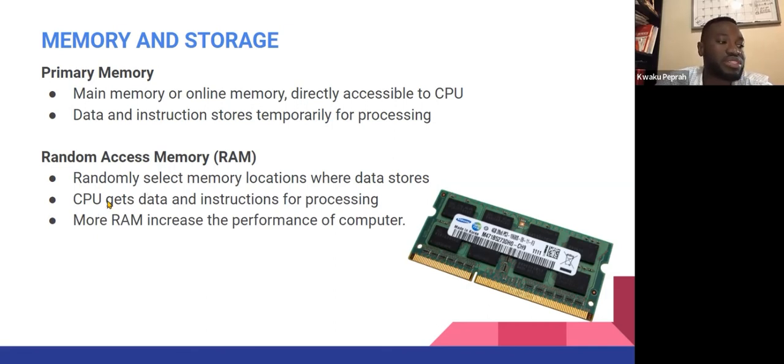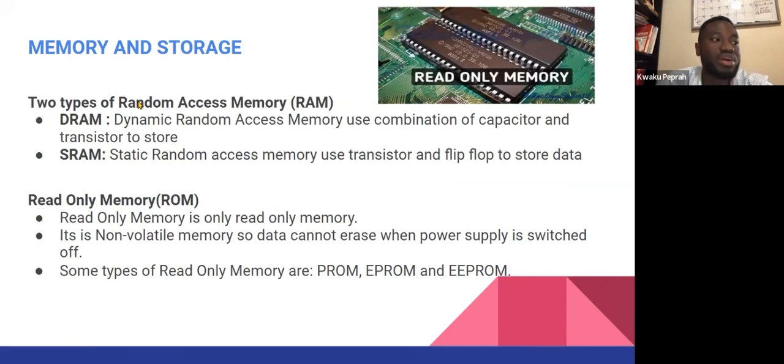So the central processing unit gets data and instructions for processing through the random access memory. And more random access memory increases the performance of a computer. The more RAM you have in a computer, the better the computer functions and the faster it is. Now, there are two types of random access memory.